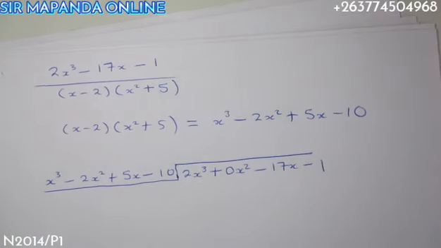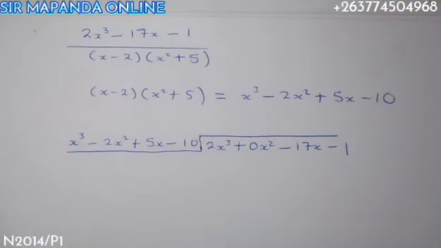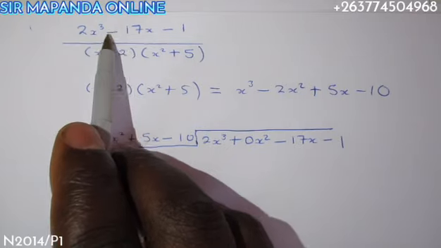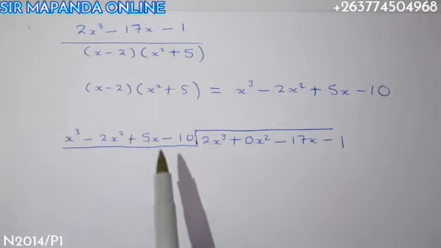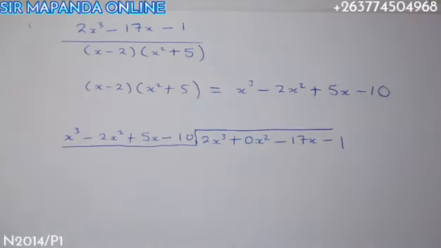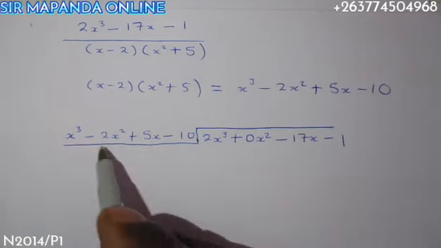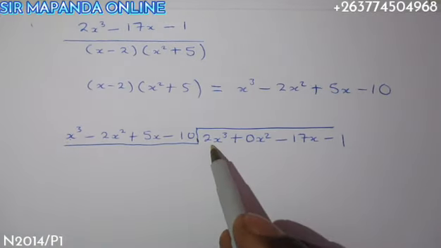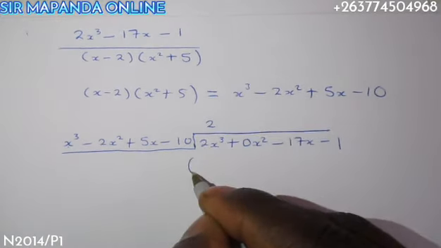This helps me to align like terms. I know there is no term in x squared. So if there is no term in x squared, you can represent it by 0x squared, simply for alignment of like terms. So x cubed into 2x cubed to get 2.